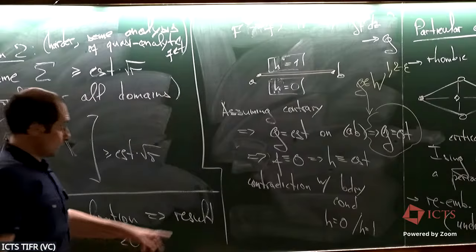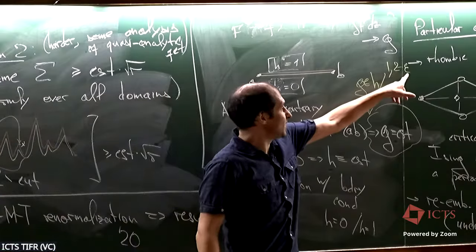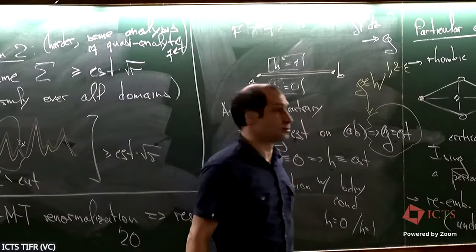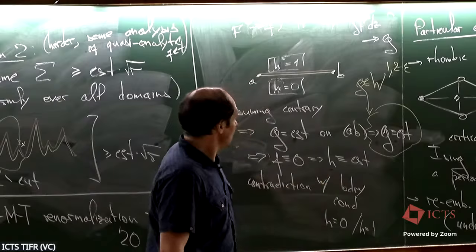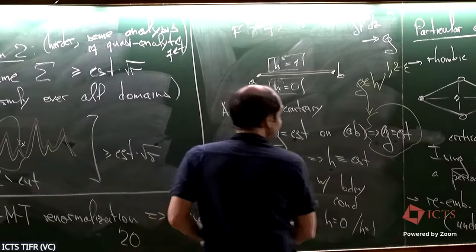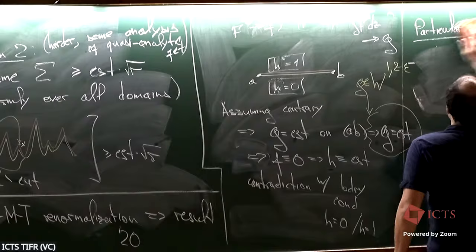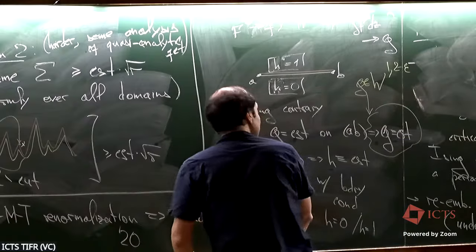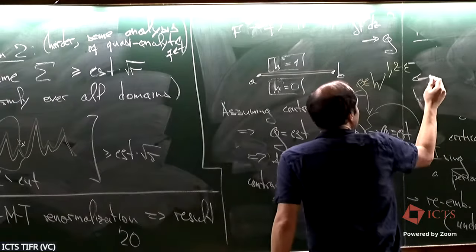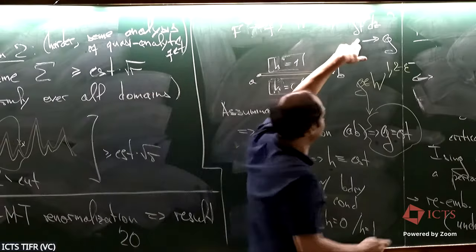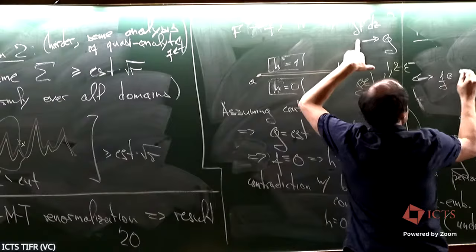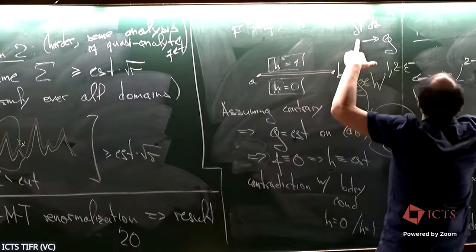If g belongs to W^{1,2-epsilon}, where epsilon depends on the Lipschitz constant of the surface, this works, and then the whole proof works. And to prove that g belongs to W^{1,2-epsilon}, I'm sorry, but that's long and I'm close to the end. This is more or less equivalent to saying that f, which is the derivative of g, belongs to L^{2-epsilon}.